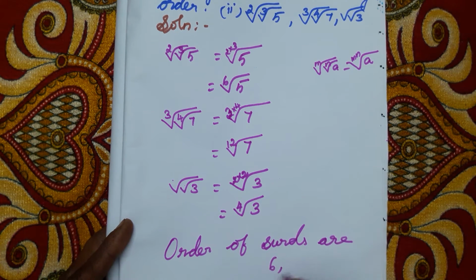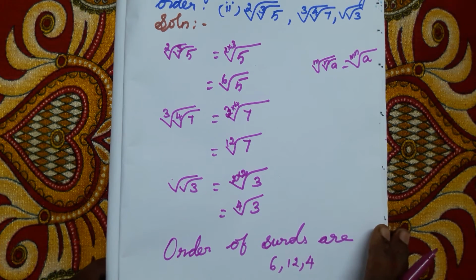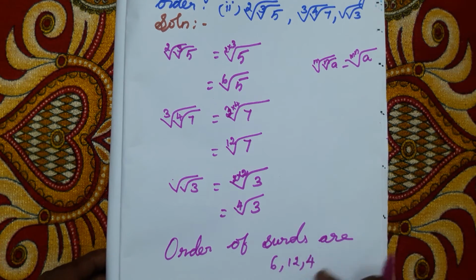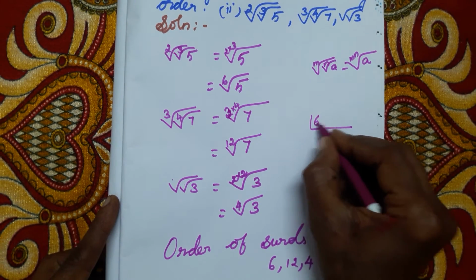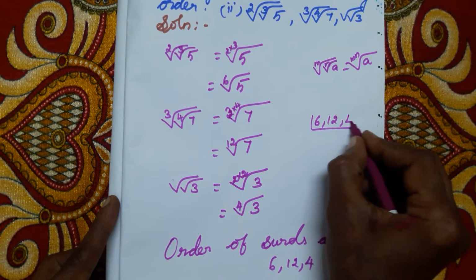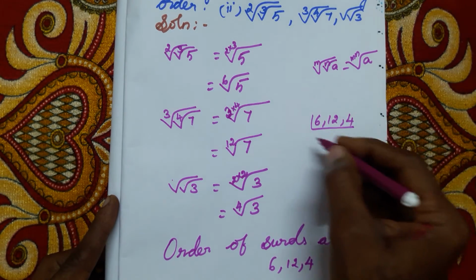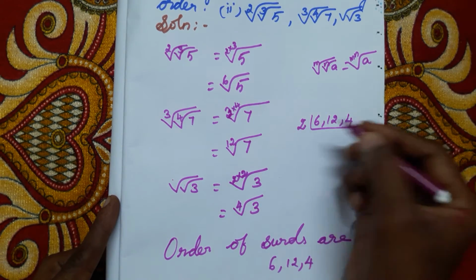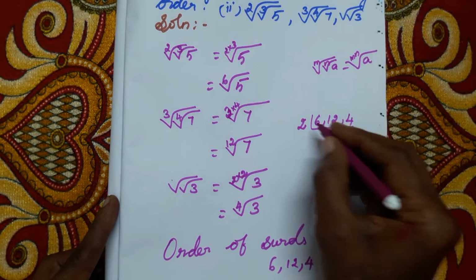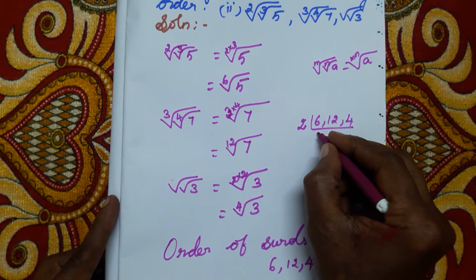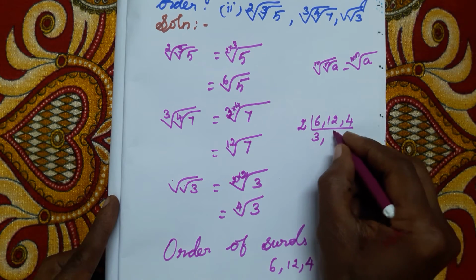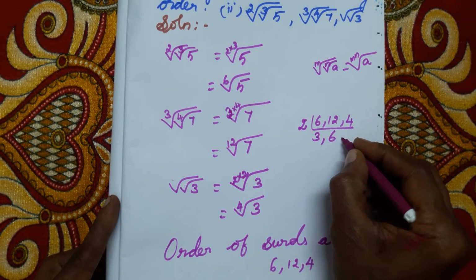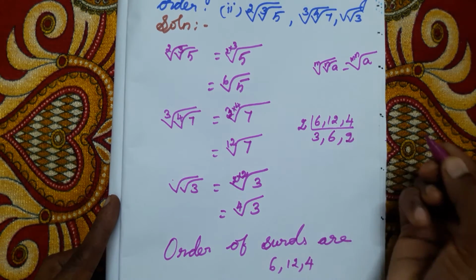6, 12, 4. We have to find the LCM of 6, 12, 4. Which table can we factorize by? 2 table, we can factorize these 3 numbers. So 2 3s are 6, next 6 times 12, next 2 2s are 4.